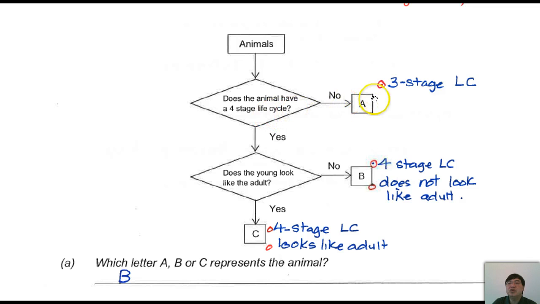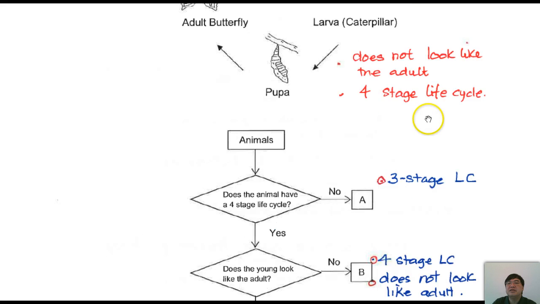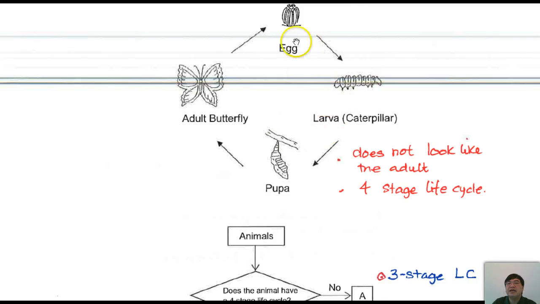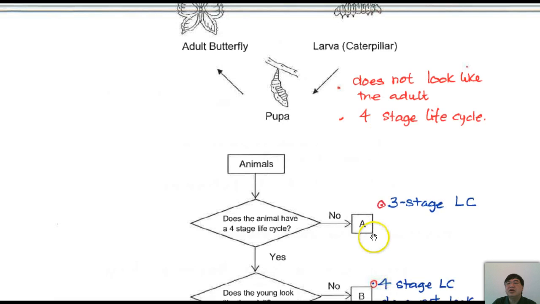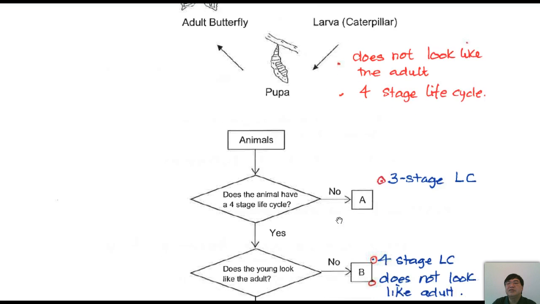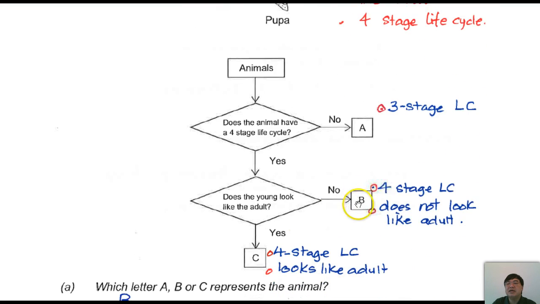If it is no, it could be a 3-stage life cycle. If it's no, it means the butterfly here is not A, because A does not have a 4-stage life cycle. So it could be B or C. Does it have a 4-stage life cycle? Yes, it could be B or C.